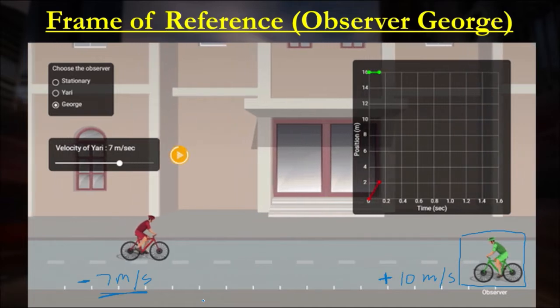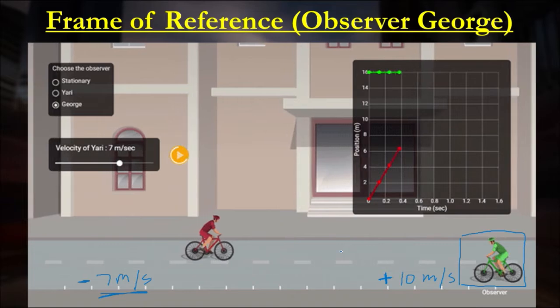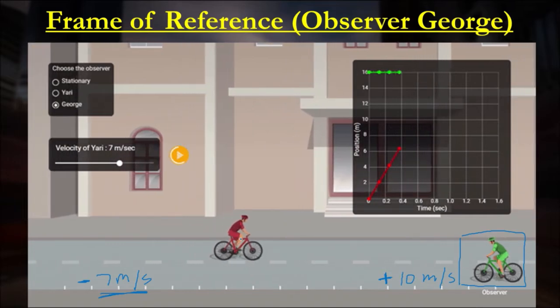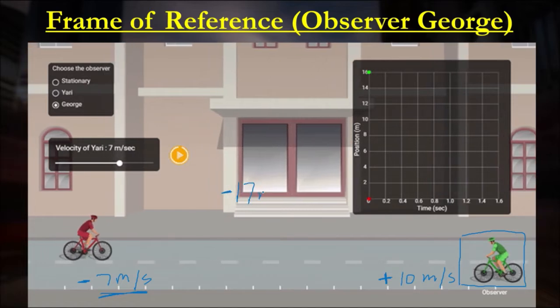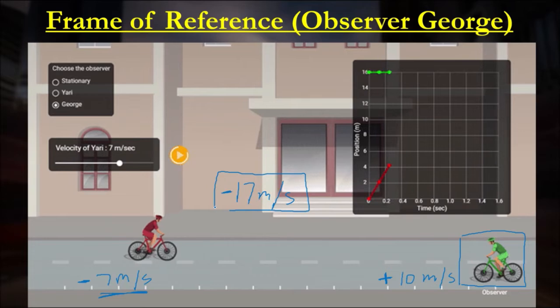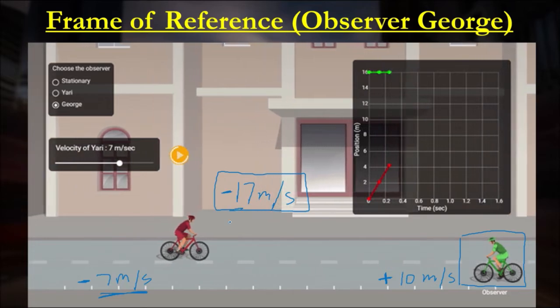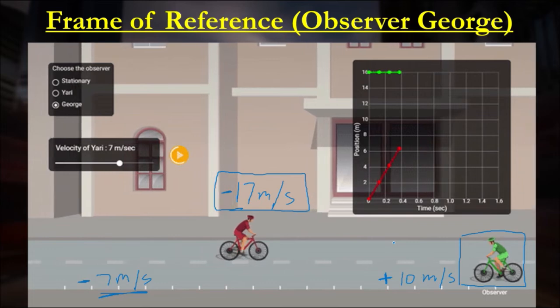Okay, so we'll look into how we do that calculation. But according to George, Yari would actually be looking as if they are traveling at negative 17 meters per second. We'll get into the logic in a second, but hopefully you can sort of gauge how we came to this value here.